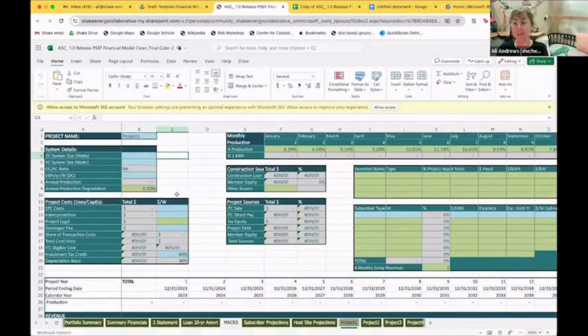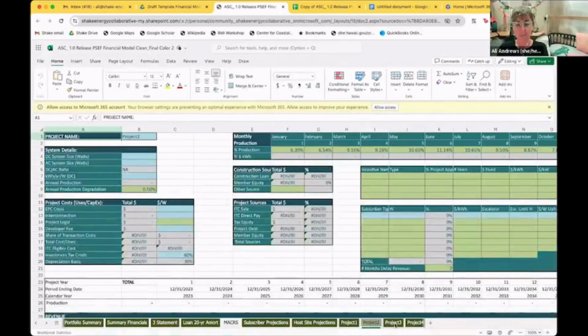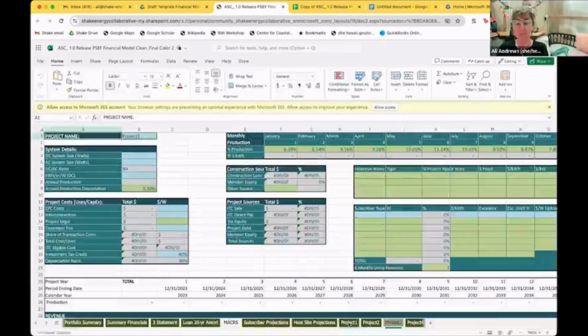So we may not get through populating a whole project, but let's go after it and see. So, project one. This model is built so that you could finance multiple projects at once, which is what some project developers will do to help cut down on transaction costs. If you're building two or three at the same time that are about the same speed of construction, that can be helpful. So we'll start with project one.